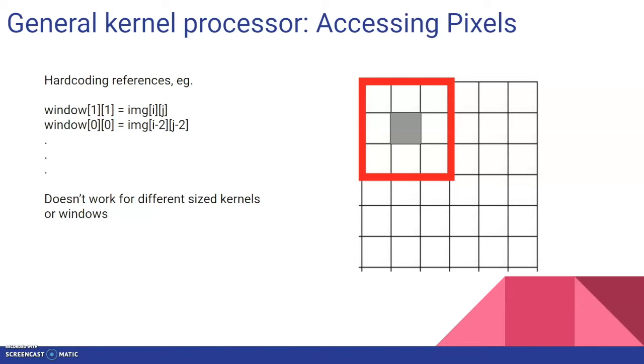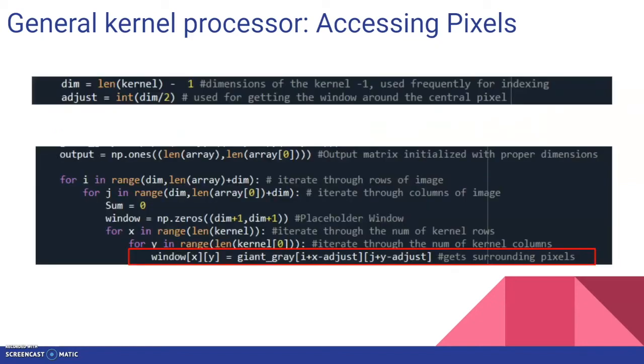So we would have the window[1][1], which is the central element, equal to the image[i][j] in the for loop, then window[0][0] equal to image[i-2][j-2], and so on, and then sum all of the referenced image elements together. But this doesn't work if the size of the kernel changes. You'd have to rewrite the entire thing. Instead, we use this little formula, and it would take a bit too long to explain, but it again is adjusting based on the length of the kernel and the element in the window.